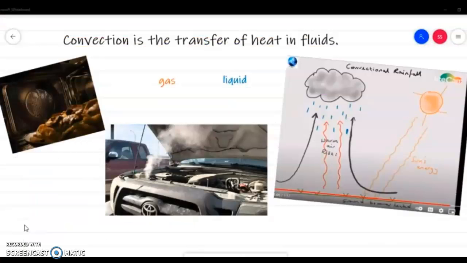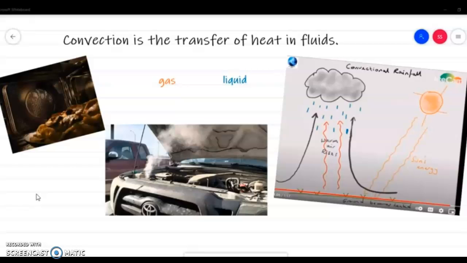All right, so we know convection is the transfer of heat in fluids. So we have our convection oven here, where the fan that kicks on from the heat coming from the bottom of the stove will circulate around to fill up all the cold areas. We have the radiator in your parents' car.